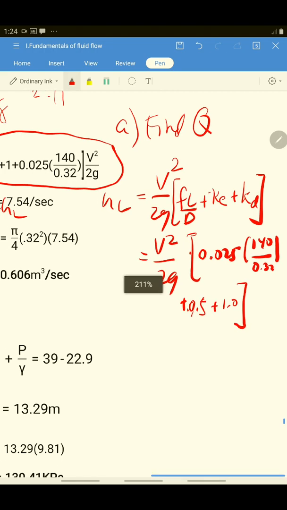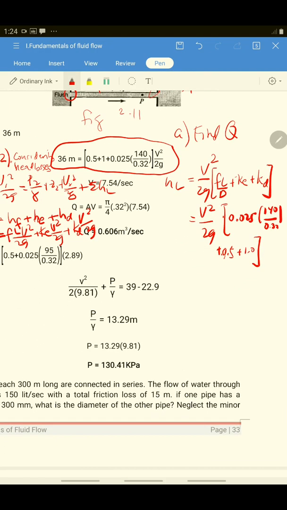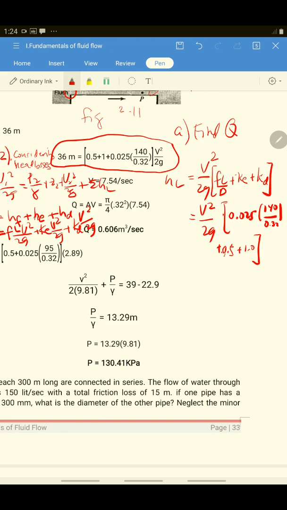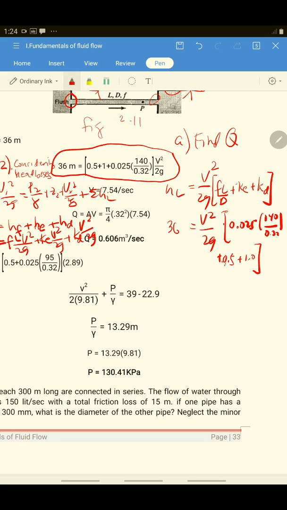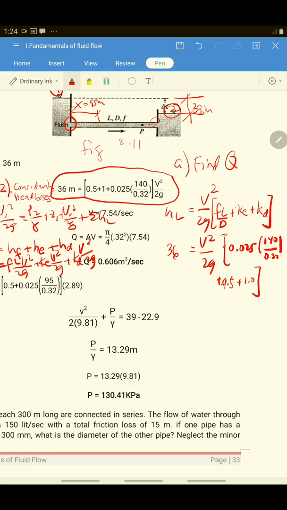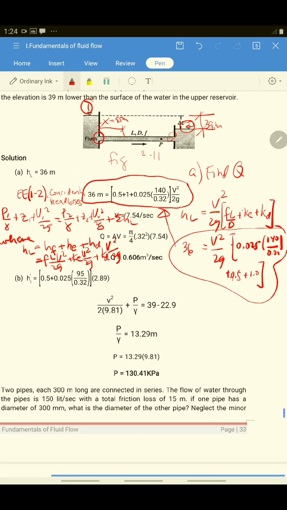So this is the formula of your head loss, where head loss is 36 meters. I hope you understand this. So this is the derivation of this equation.